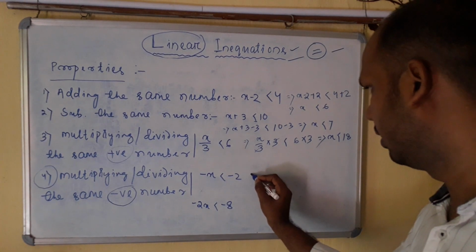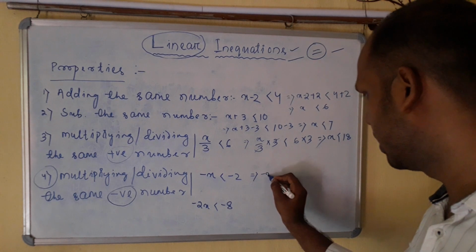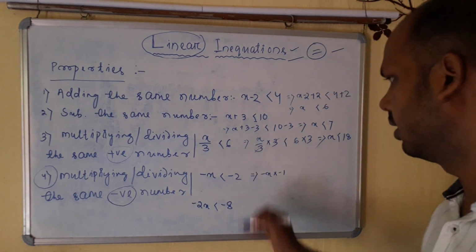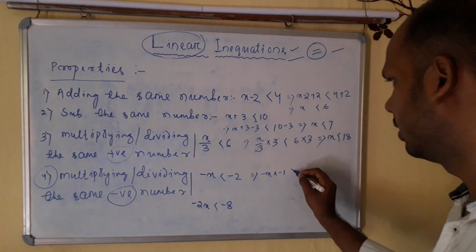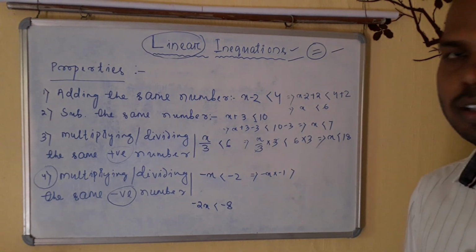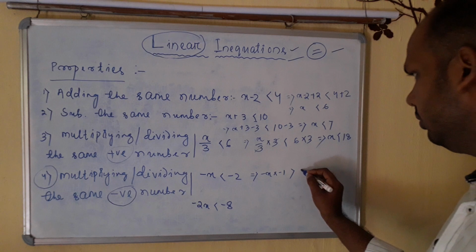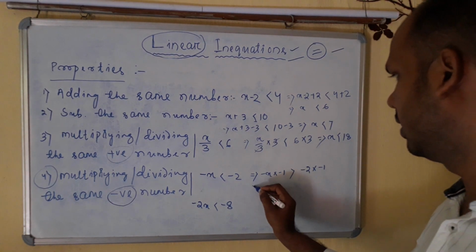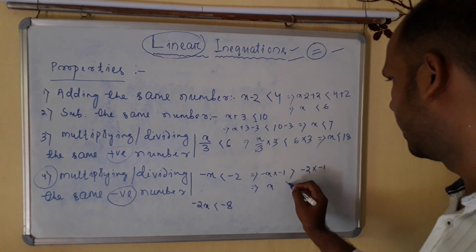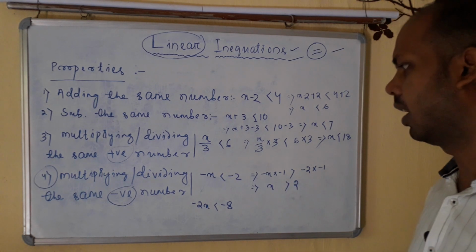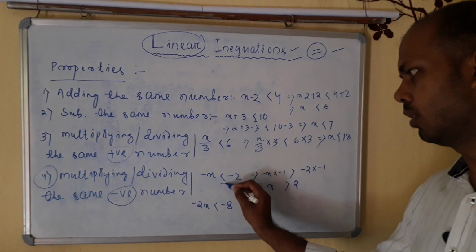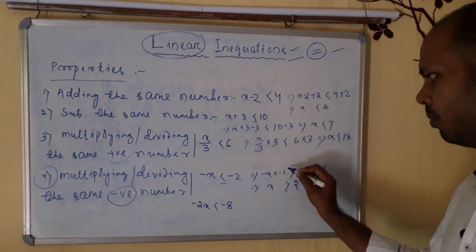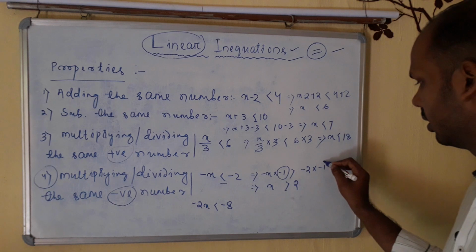If I write minus x into minus 1, this inequality sign will change. Okay. Minus 2 into minus 1. This implies x greater than 2. But in the question it was given less than, now it is greater than because we multiplied by minus 1.